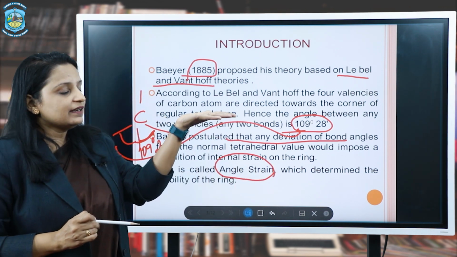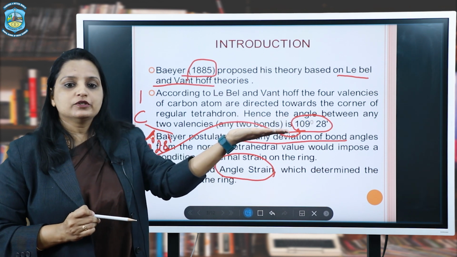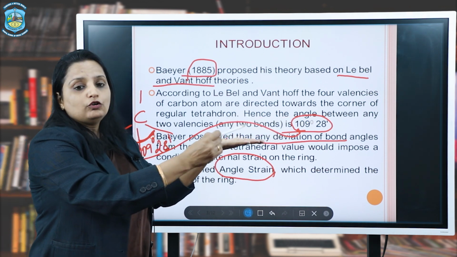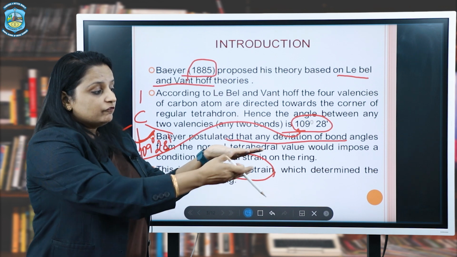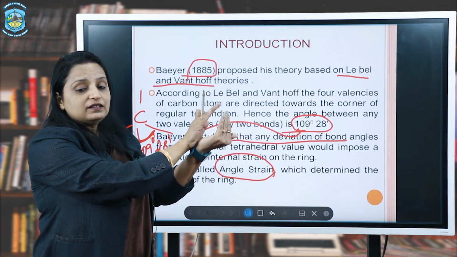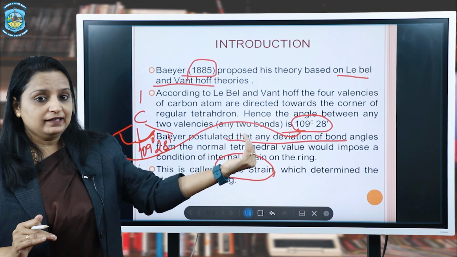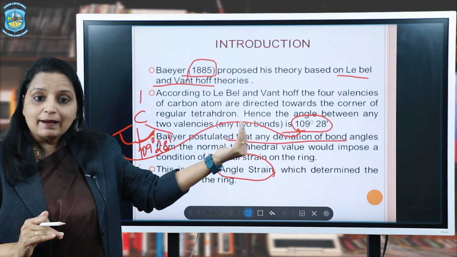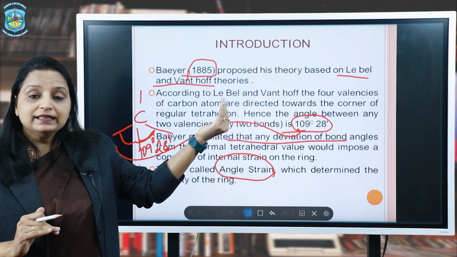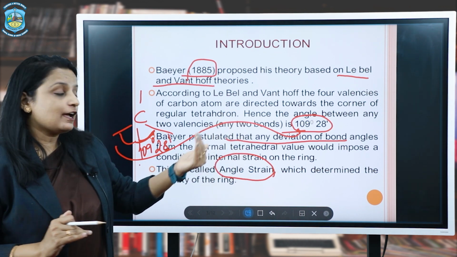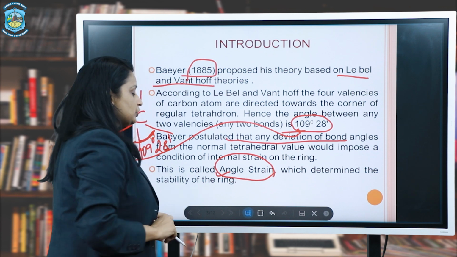So you can see that if my hand is in the straight position, then you can consider it the normal open chain structure, but when I am trying to construct the ring, when I am folding my hand, it is experiencing some kind of strain, and that strain is defined as angle strain.